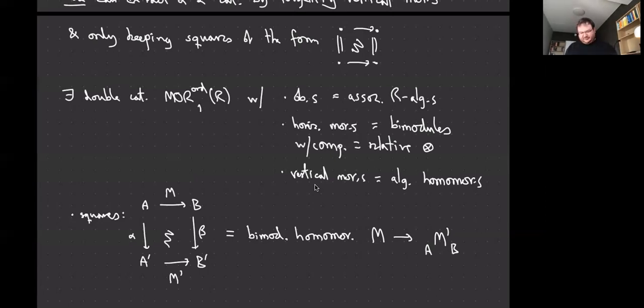Right, so this is the double category, and as I mentioned, this has an underlying, well, I'll just say two category. I guess it's really a bicategory here since it's weak, but it's an underlying two category, which I might call lowercase Mor_1 of R. And let me mention that this is actually symmetric monoidal.